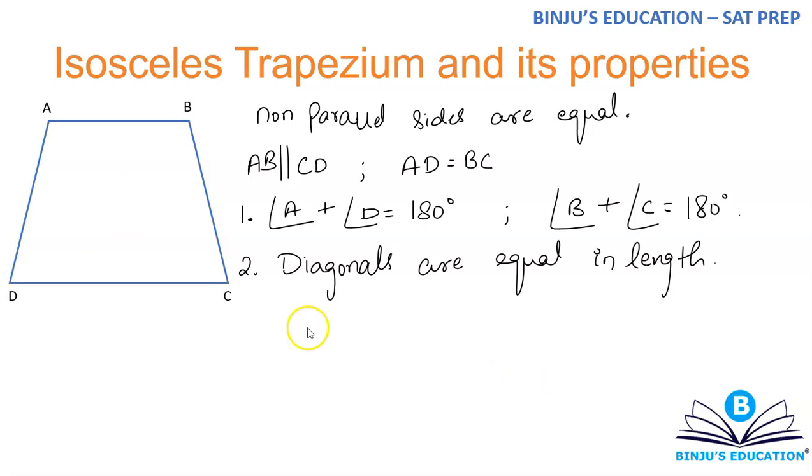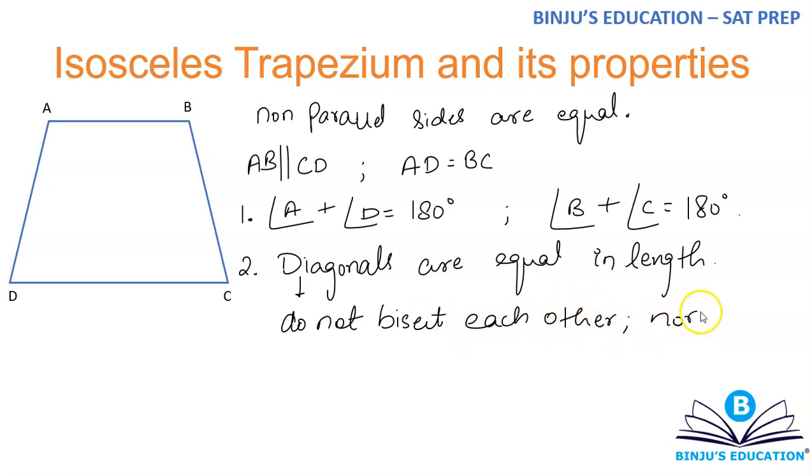They still do not bisect each other, nor do they meet at 90 degrees. They are simply equal in length, that's it.